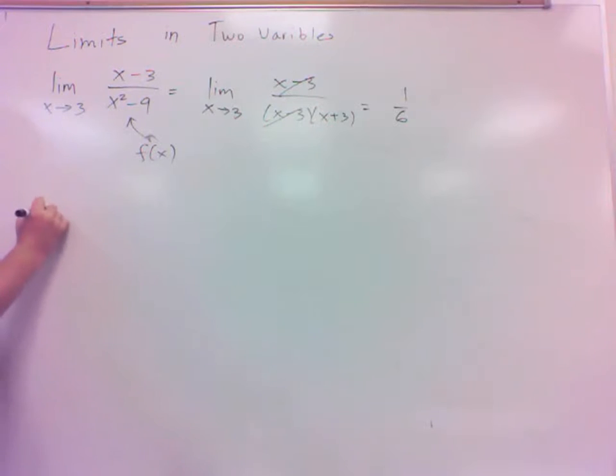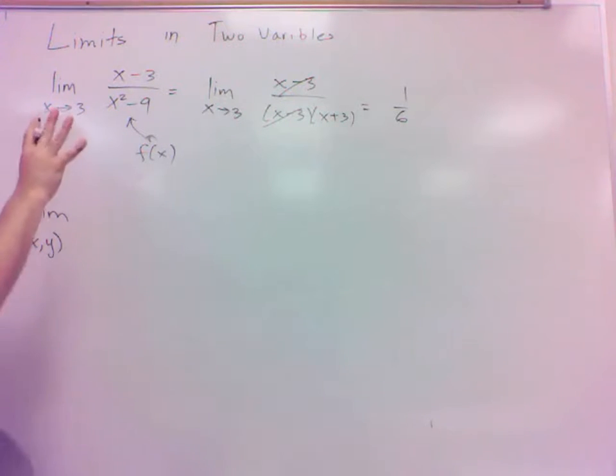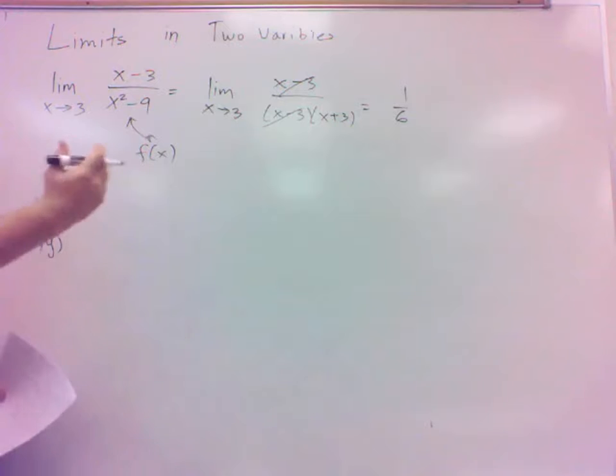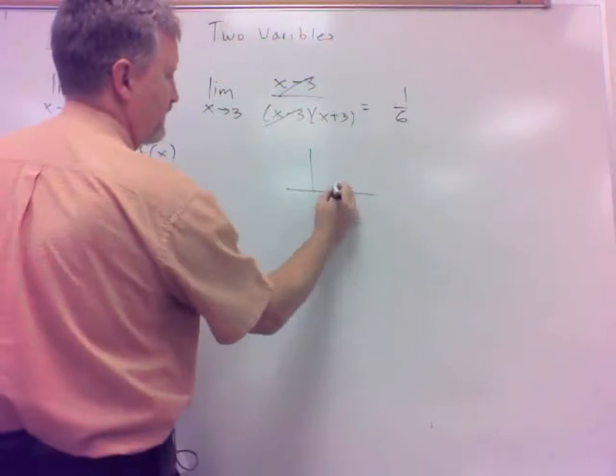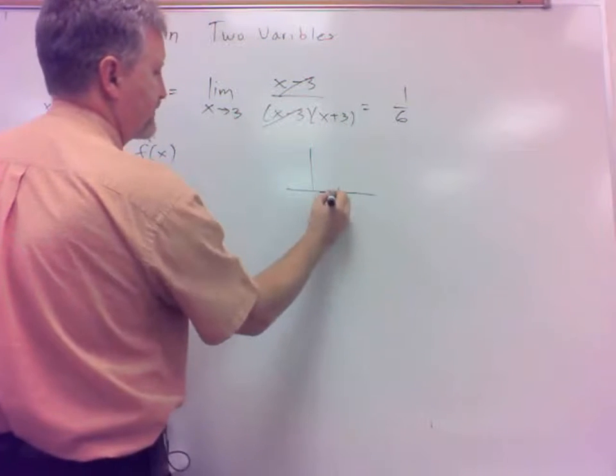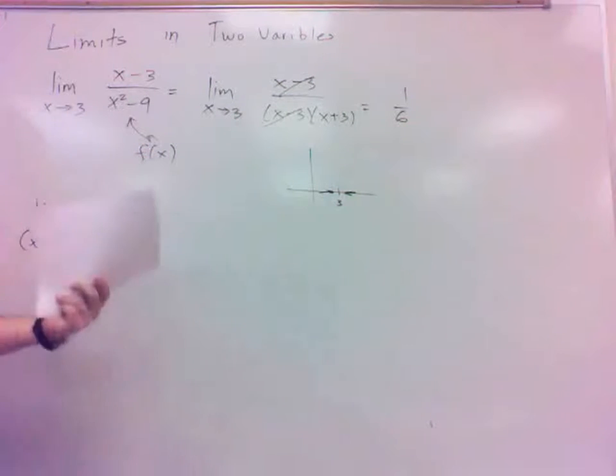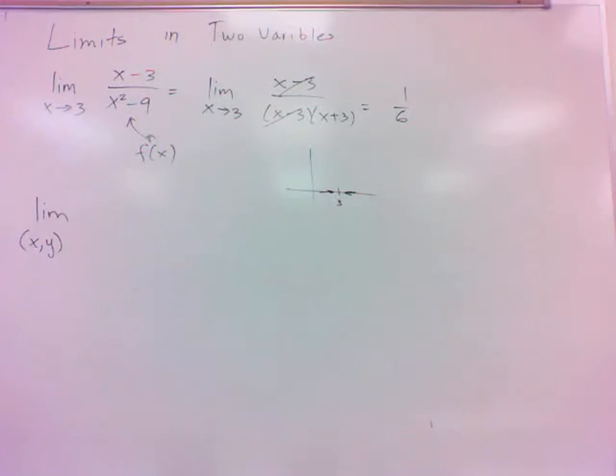You will have the same rules. The difference here is we're approaching x approaching 3, so we only have one. We looked at it graphically, so we're approaching 3 here. So it's basically one-dimensional.